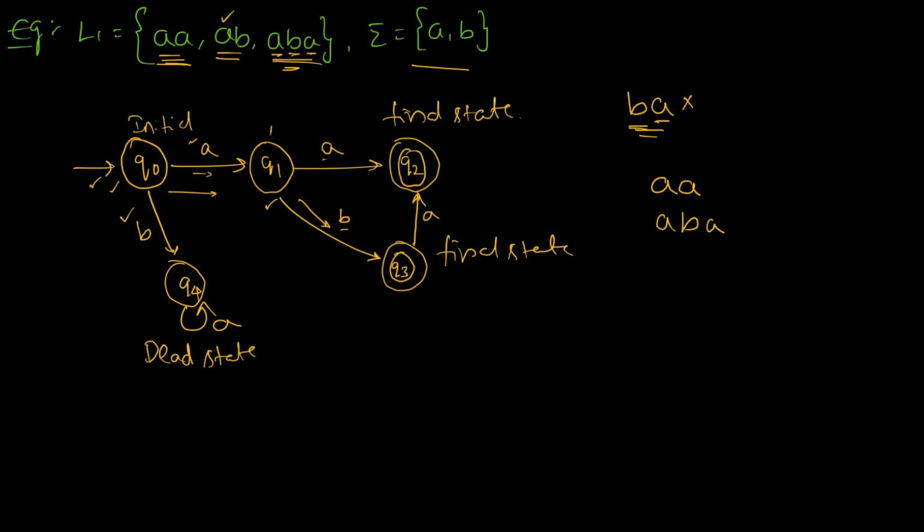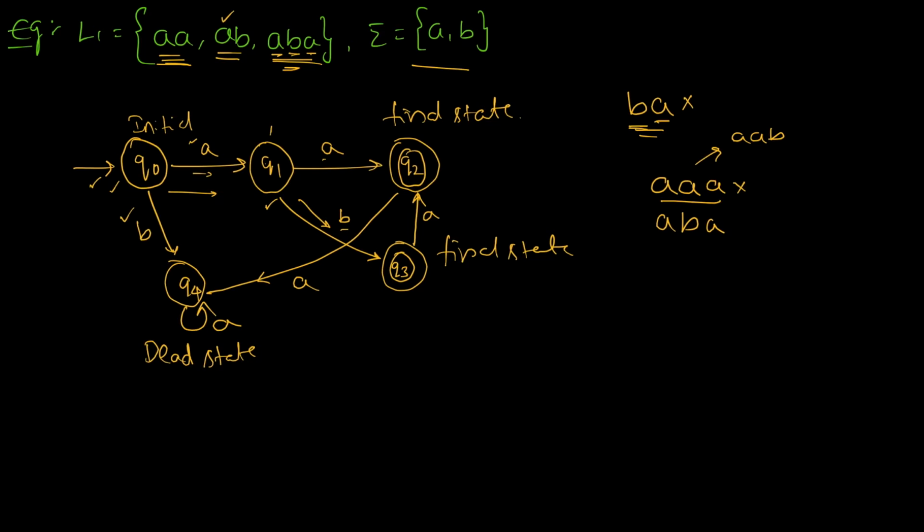So after reaching Q2, if we see an A, we should reject this string because AAA is not in our language. So on seeing A, from Q2 it goes to the dead state. What if we see AAB?